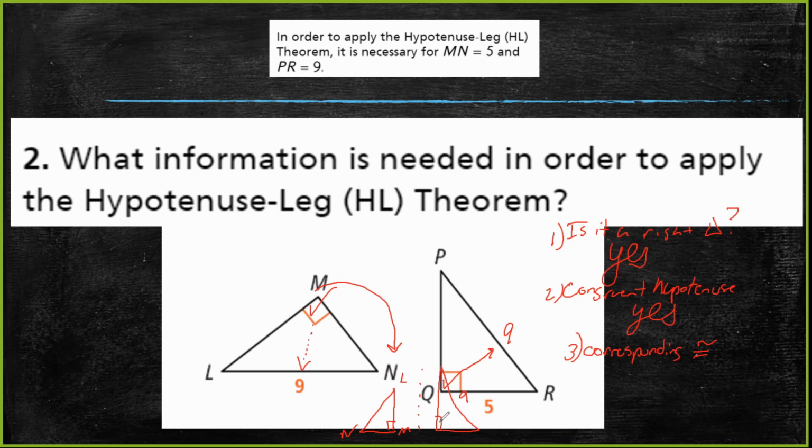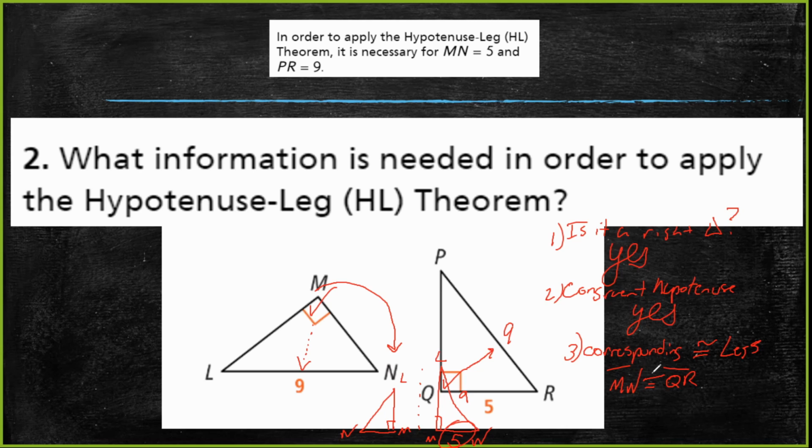And now that I have my right angle corresponding to my right angle and my hypotenuse corresponding to my hypotenuse, I know that I now need this piece to be 5. And when I flip this, this is L, this is M, and this is N. So I can see that the other piece of information I need to know, so I need my corresponding congruent legs, and those would be MN being congruent to QR.